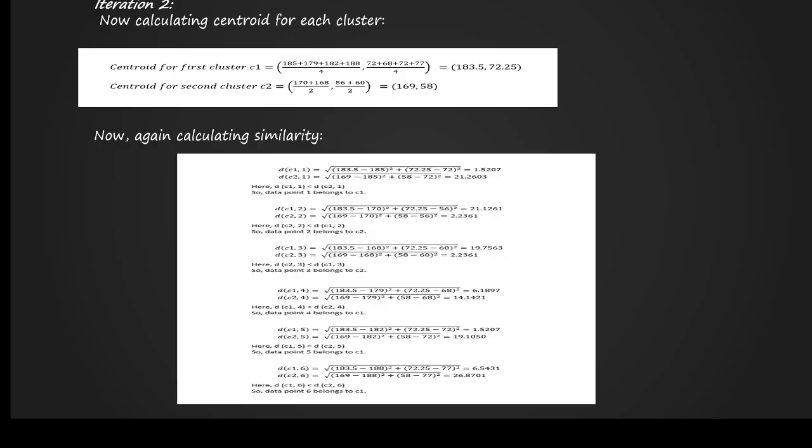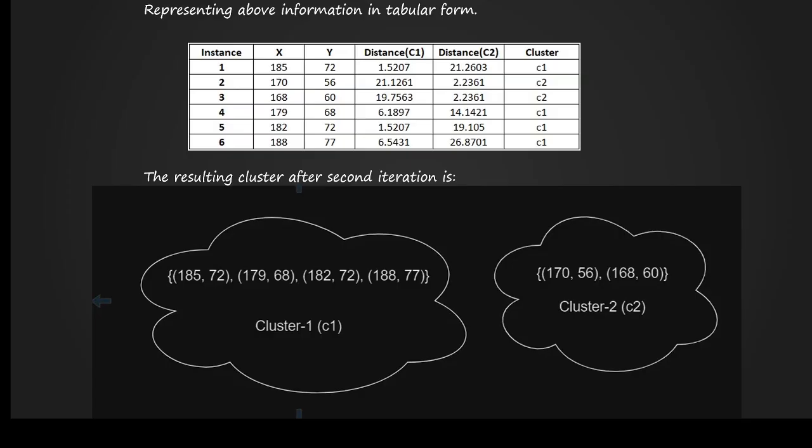Now we are going to calculate the distance from C1 and C2. Here we can see clearly from these values that data point 1 belongs to C1, point 2 belongs to C2, point 3 belongs to C2, point 4 belongs to C1, point 5 belongs to C1, and point 6 belongs to C1. Now see what the updated value is.